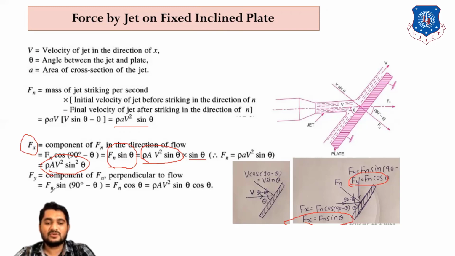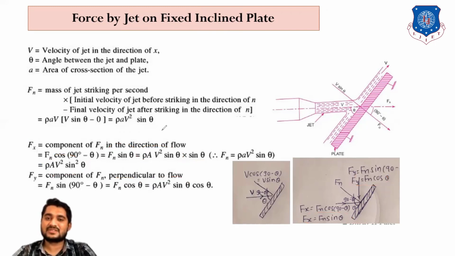Fy is equal to Fn cos theta. Let us put the value of Fn here. So Fy is equal to rho a v square sin theta into cos theta. Clear, students? So here you have to derive this Fx and Fy. But firstly we have to find the value of Fn because the main force is acting in the normal direction only.